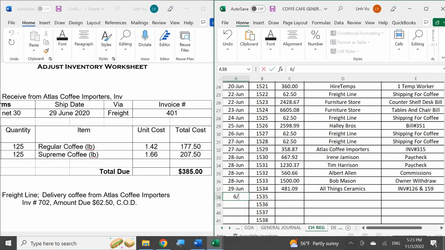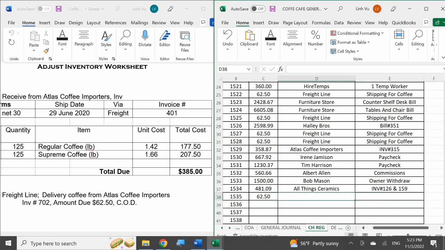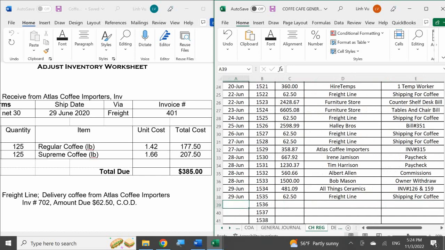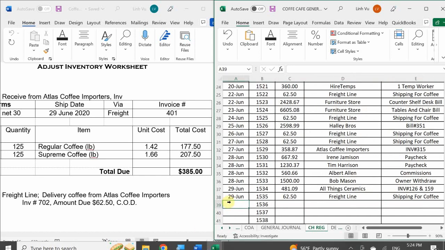Okay, so here, 29 for $62.50 to Freightline for shipment for coffee. Okay, so check number 1535.